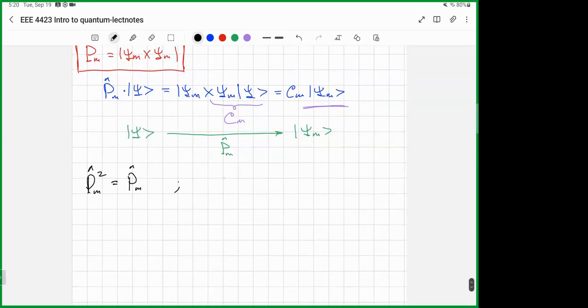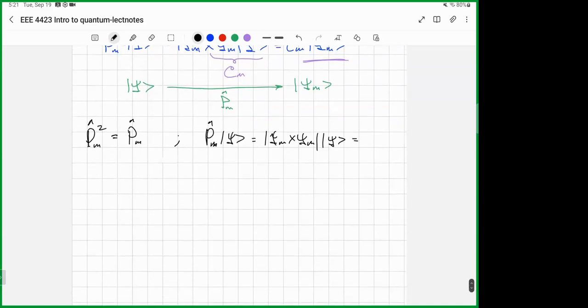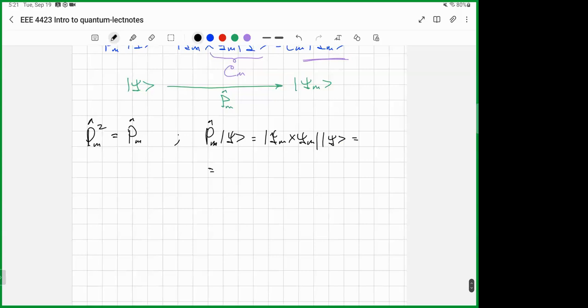For example, if I have a state psi and I apply my projective operator on this state psi, it is essentially applying this outer product of psi m, and then the vector psi. This is nothing but psi m, then psi m, and the psi state.